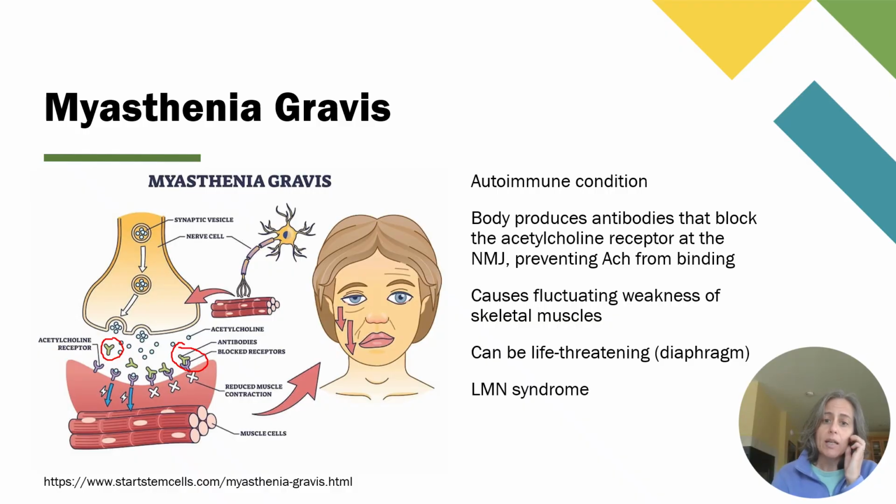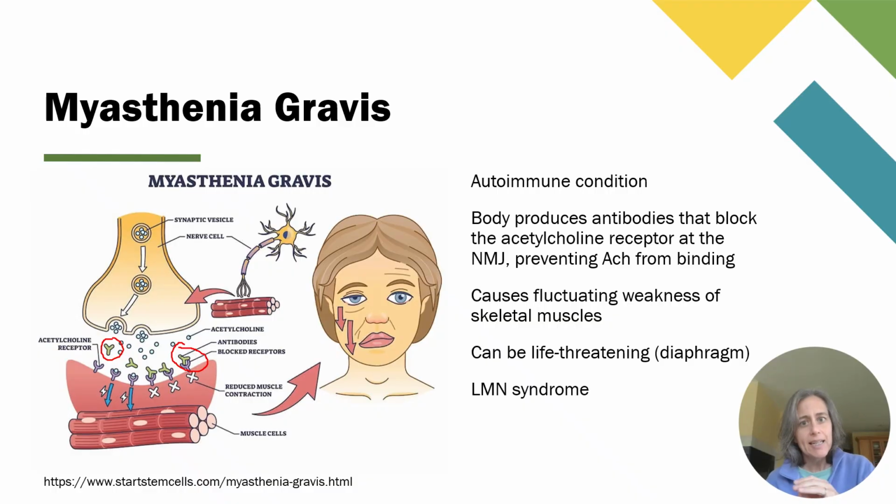So this will cause fluctuating weakness of the skeletal muscles. Interestingly, it kind of waxes and wanes. The symptoms often get worse with prolonged use of a muscle. Like cutting vegetables for dinner, you might start out okay, but as you keep going, it gets harder and harder. In general, this condition isn't always fatal, and people who have it can have a near normal life expectancy.